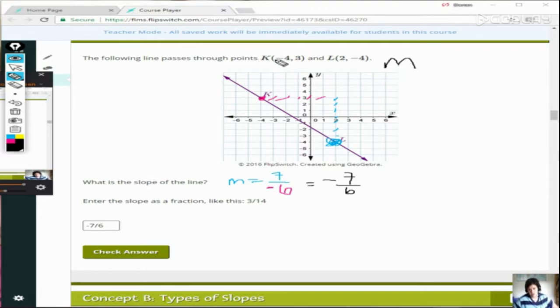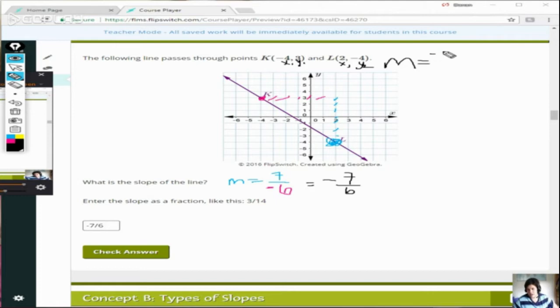So I'm going to label K as my (x1, y1), and L as my (x2, y2). So I have the slope is equal to the difference between my y values, because that's the vertical change. So I'm finding that distance on the y-axis.